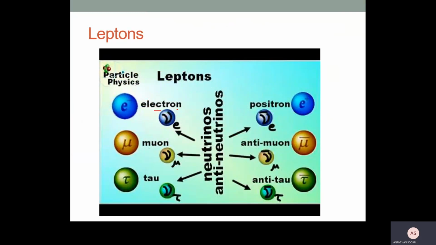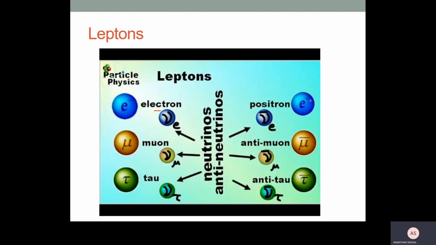Muon has antimuon, electron has positron. This symbol is the neutrino symbol. Neutrino, antineutrino. For antineutrino we normally put a bar on top. For antiparticles we normally put a bar on top.